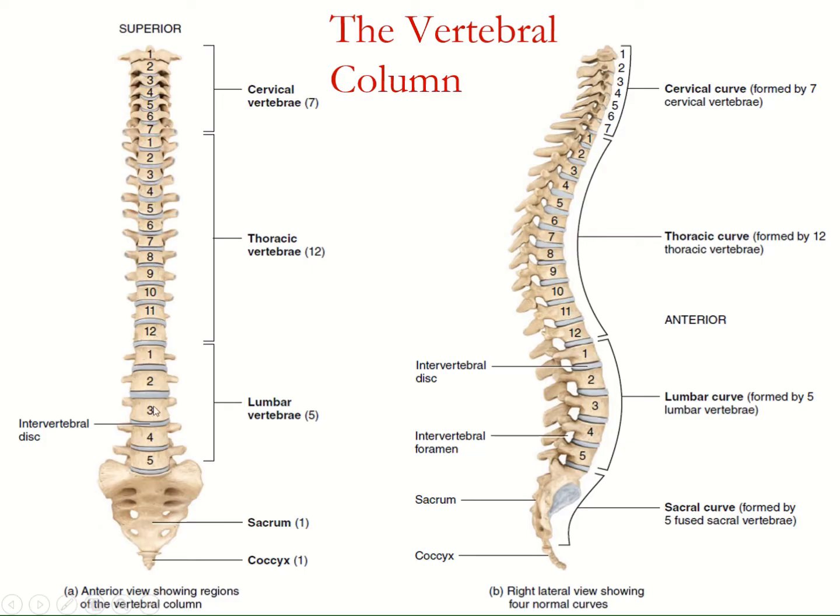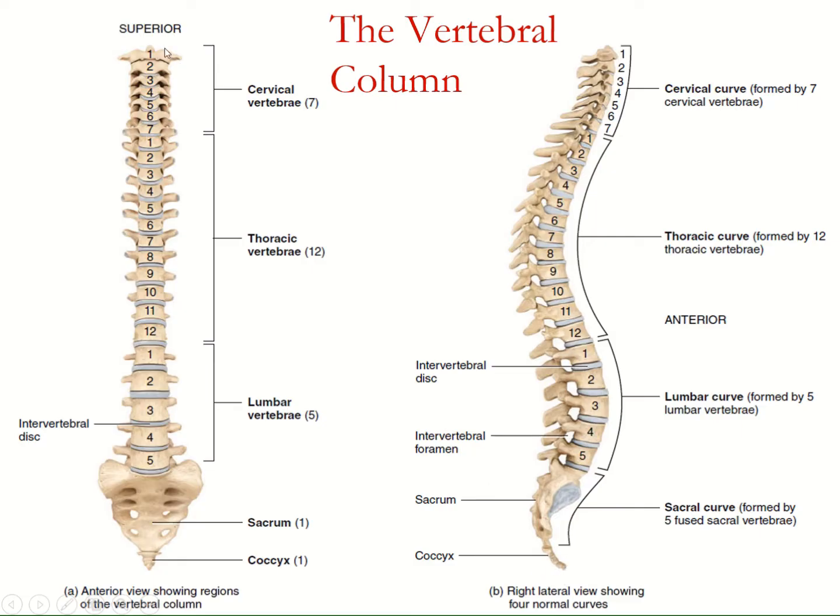Your lumbar vertebrae, 5. 1 sacrum and 1 coccyx. However, in a younger state, your sacrum is made up of 5 fused sacral vertebrae, and your coccyx is made up of 4 fused vertebrae.